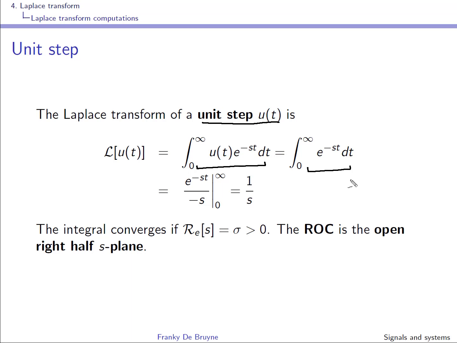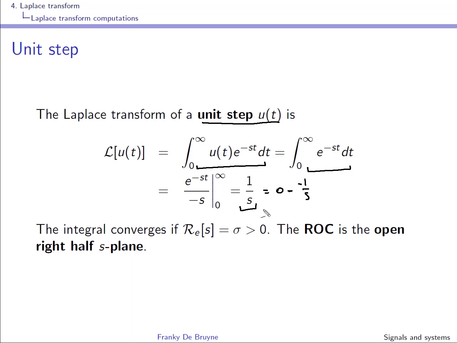If you integrate this, you obtain this thing over here that you have to consider at the integrating limits 0 to infinity. So this one will give a 0, and you'll have 0 minus 1 over s. So this is indeed 1 over s.